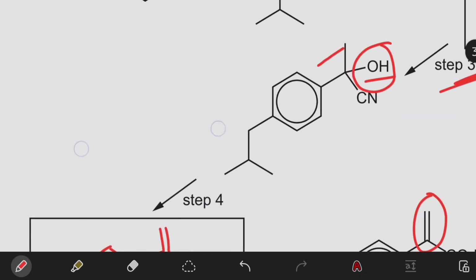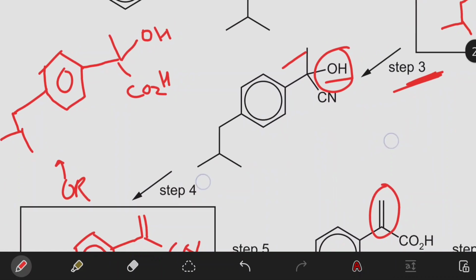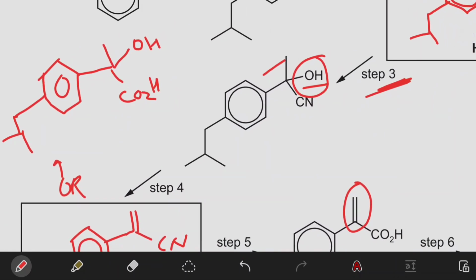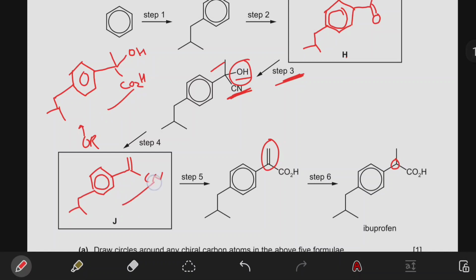Let me make it here. And from AS you learned about the hydrolysis of CN, which converts it into carboxyl. So I hope you remember that. So either you can make this or this.